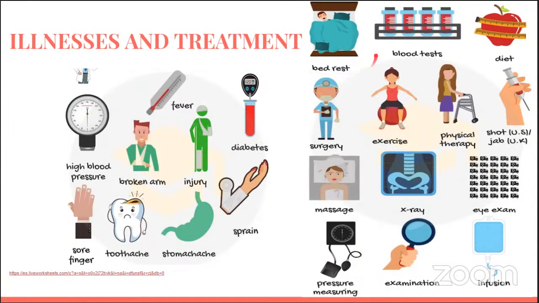Reposo en cama. Blood test. Este es un análisis de sangre. Very good. Diet. Una dieta o alimentos adecuados para la persona. Surgery. Cirugía. Exercise. Ejercicios. Physical therapy. Terapia física o fisioterapia también.